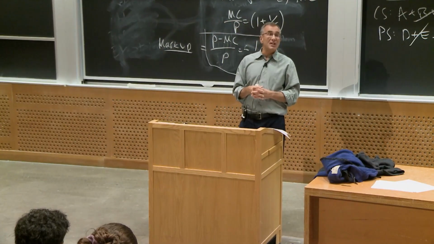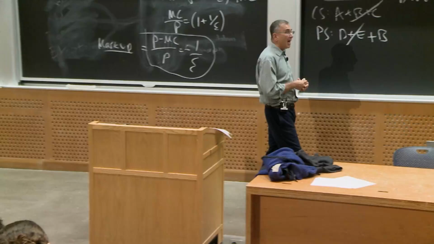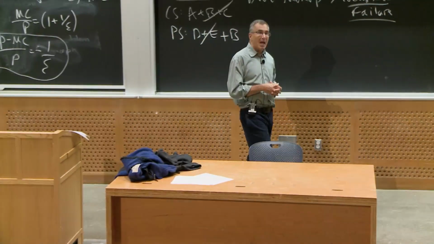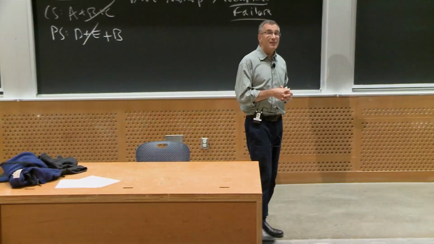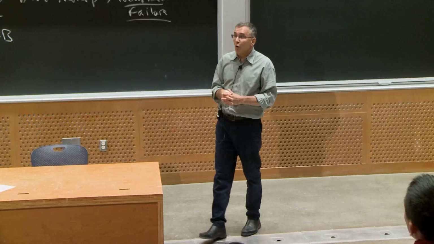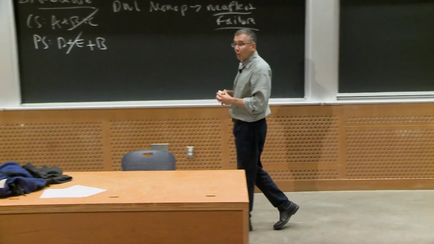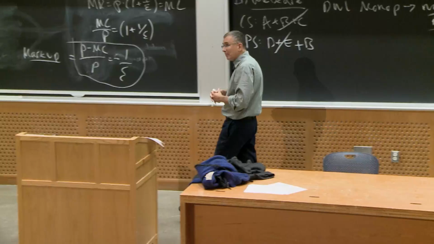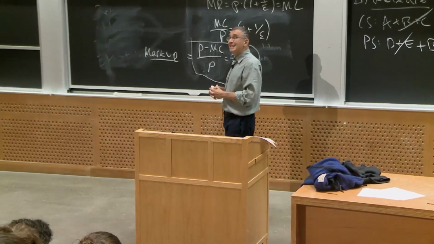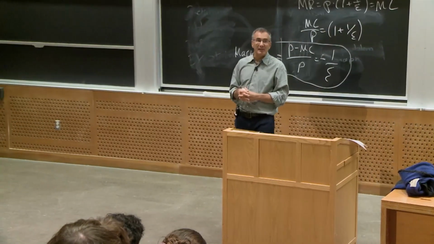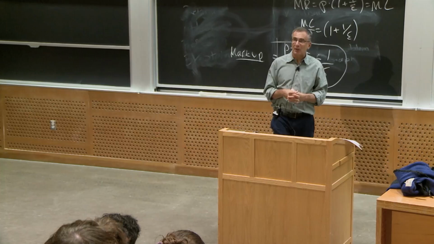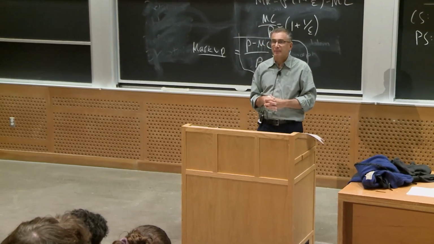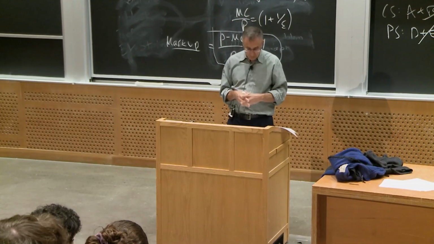So the positive and normative outcomes don't align. With the competitive market, the positive outcome was no profits, and that was also the welfare maximizing outcome. In a monopoly case, the private outcome is different from the social welfare maximizing outcome, and that leads to a market failure. Questions about that?